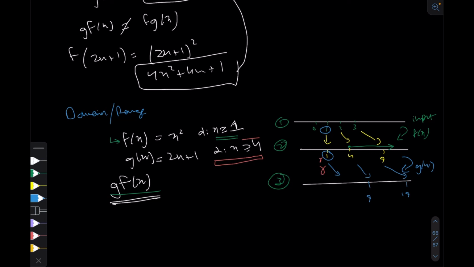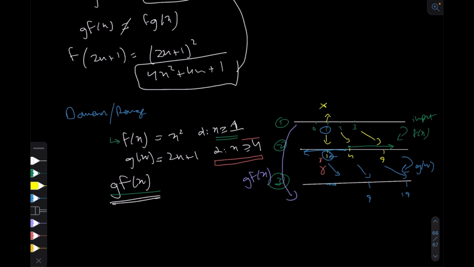So you know that gf of x takes you directly to that line, and we know we won't end up at the finish line for the value 1 or for any value less than 4. We know that our original domain cannot include 1, right? It has to be some value greater than 1.